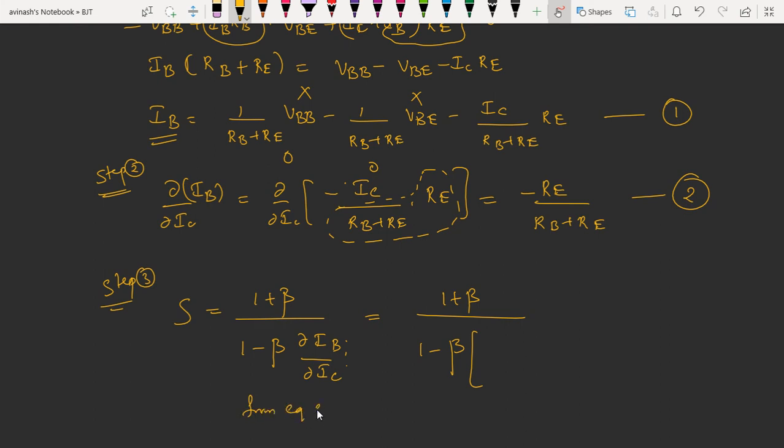From equation number 2, dou IB by dou IC is minus RE by RB plus RE. If you simplify this, we get 1 plus beta by 1 plus beta into RE by RB plus RE as the stabilization factor. Hope you understand this point.